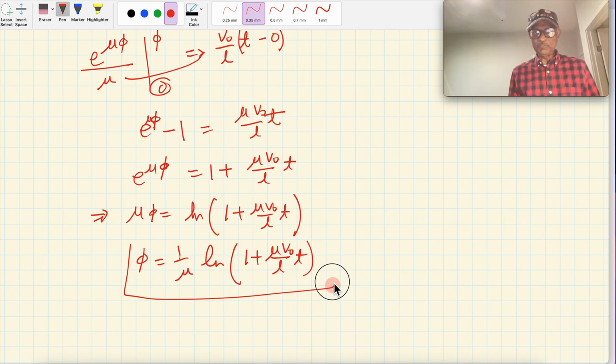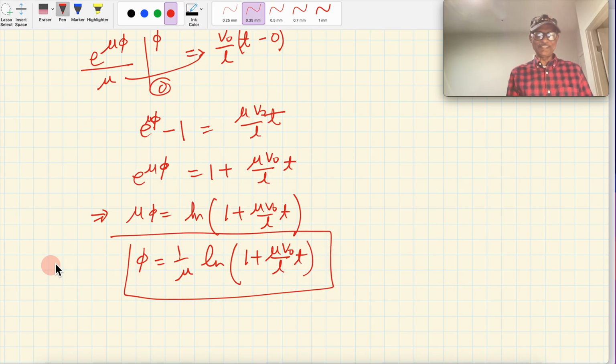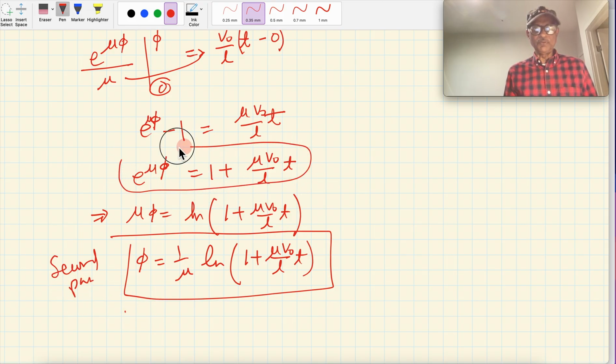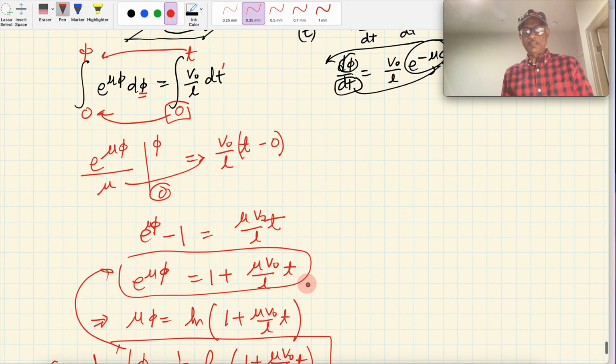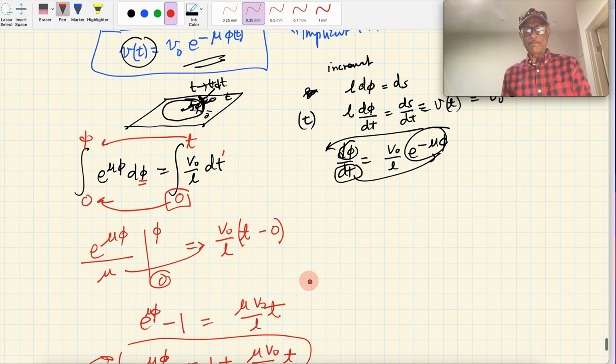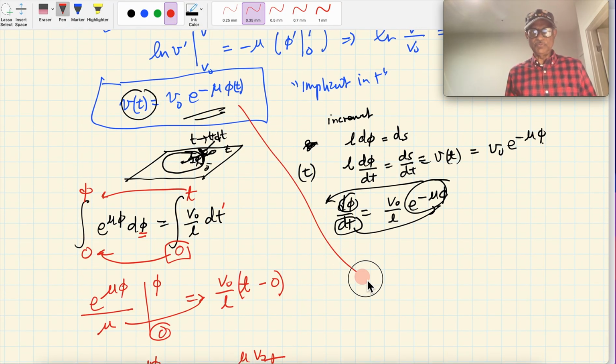So we know the position. We solved the second part first, right? So this is the second part. We also know what e to the mu phi is from this. And over here, I need e to the minus mu phi. So v of t was v0 e to the minus mu phi.